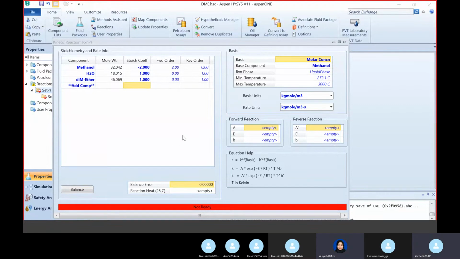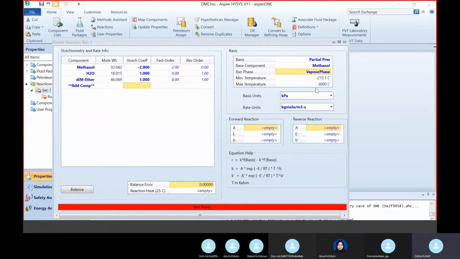And then on the basis, if you see the document, we can see the reaction rate of methanol equals K0 times exponential of minus E0 over RT multiplied by the partial pressure of methanol. So that means the basis is not the molar concentration, but the partial pressure of methanol, in the vapor phase.